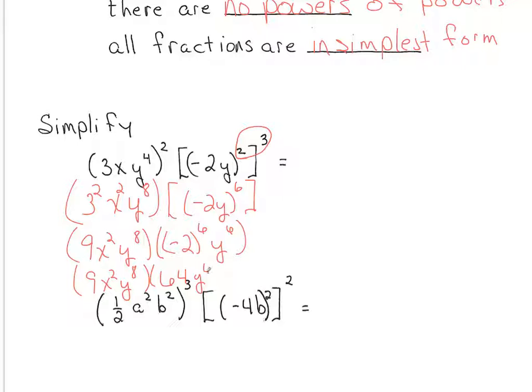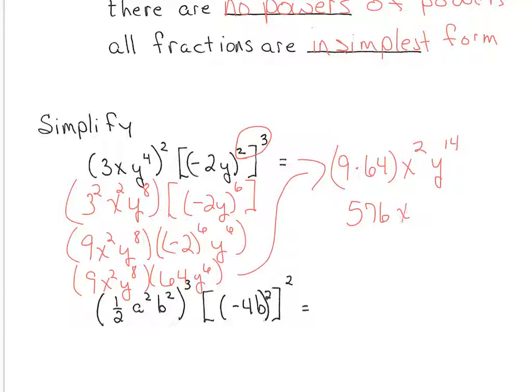Y to the 6th. So we're going to have 9 times 64, x squared, y to the 8 plus 6 is 14, and 9 times 64 is 576, x squared, y to the 14th. You may use a calculator.